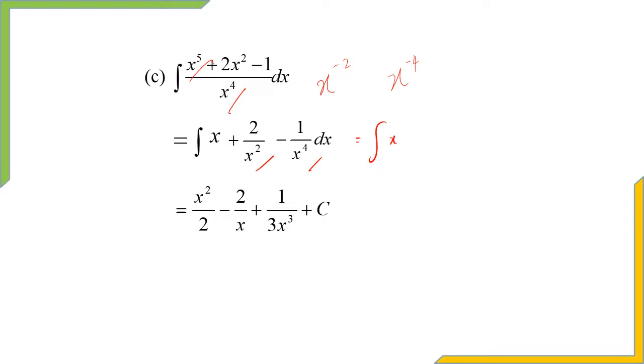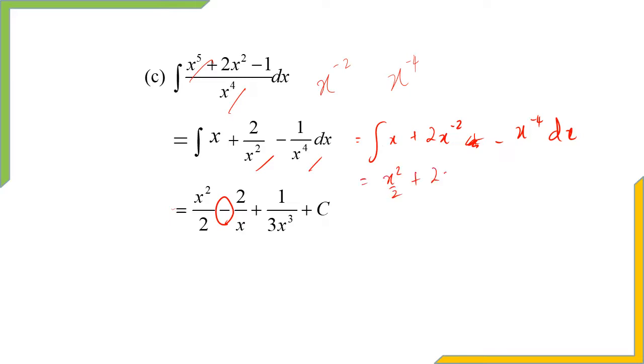So it will be x plus 2x to the power of negative 2, minus x to the power of negative 4, with respect to x. So x will be x squared over 2. x to the power of negative 2 will be x to the power of negative 1, adding up by 1. So negative 1 over negative 1, that's why we have negative. So 2 over x. This is x squared over 2.